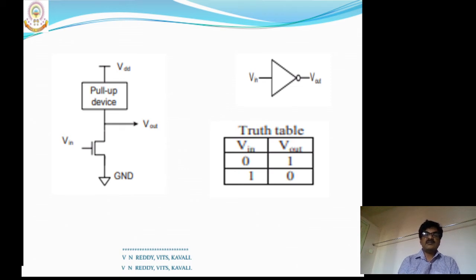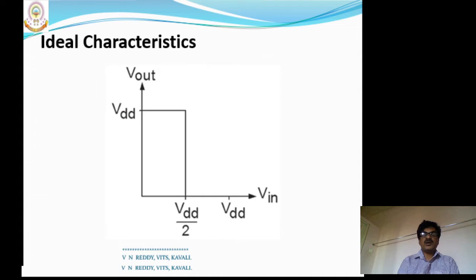Now let us see the inverter design. Before going to see the design of inverter using different types of load devices, see the characteristics of an inverter. The diagram in the slide is the ideal characteristics of the inverter. Here, when the input is very low, or starts from 0, the corresponding output voltage is VDD.